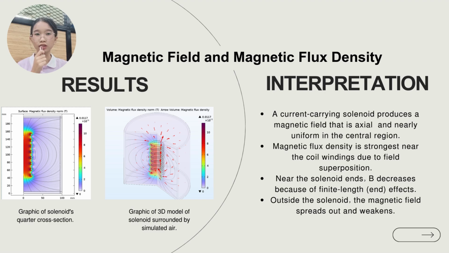The results show that the magnetic field is nearly uniform in the central region of the solenoid, while it becomes weaker near the end and outside the solenoid due to finite length effects, where the field spreads out and partially cancels. This behavior closely matches theoretical prediction for a finite solenoid, confirming the accuracy of the simulation.